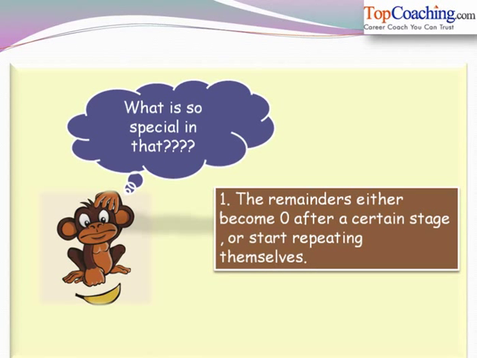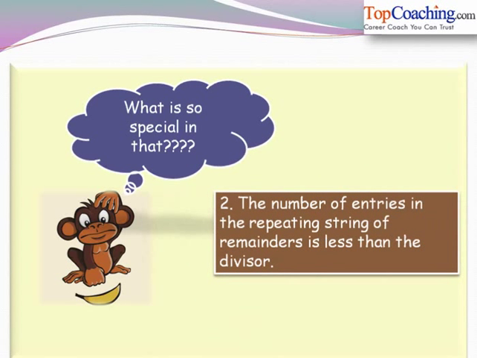The next is, the number of entries in the repeating string of remainders is less than the divisor. In the first case the divisor was 3 and the number of remainders was 1, so of course 1 is less than 3.